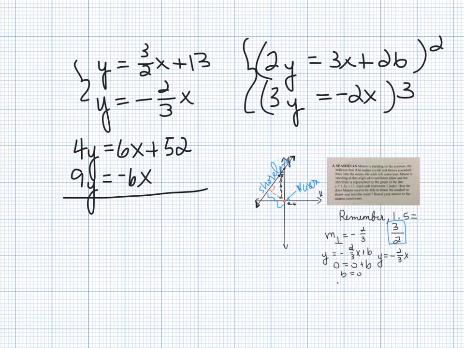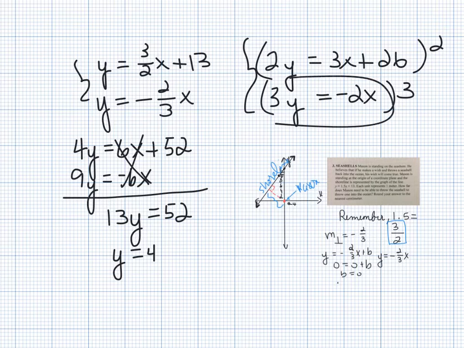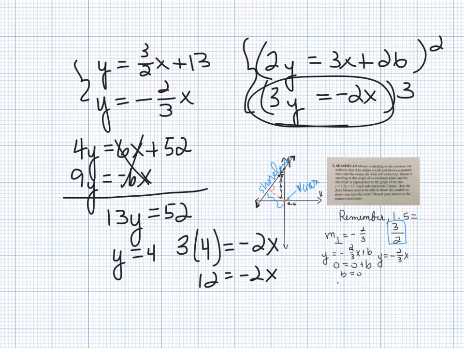When I add these two equations, I get that 13y is equal to 52. So y equals 4. And then I can go back to, let's say, this equation right here. So 3 times 4 is equal to negative 2x. And so 12 equals negative 2x. And x equals negative 6.